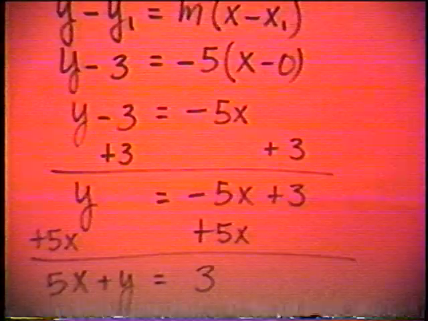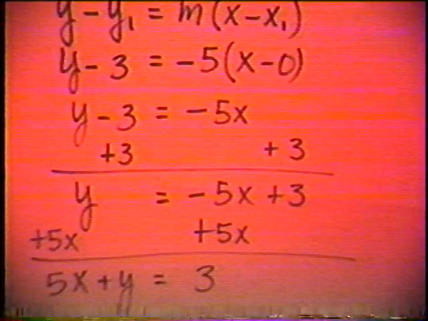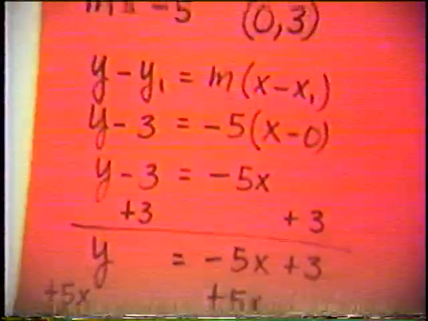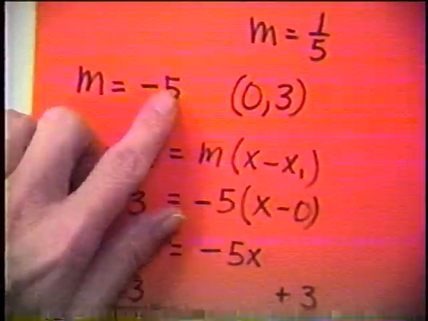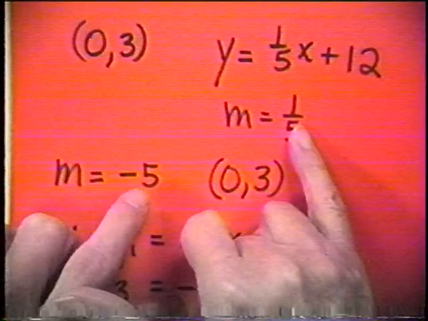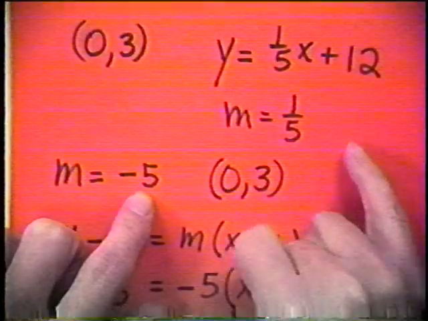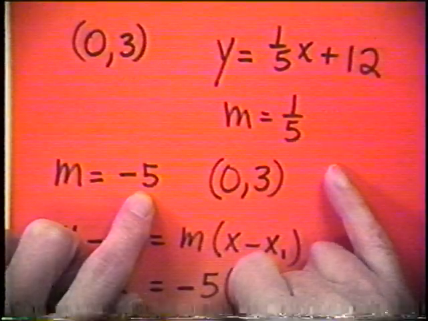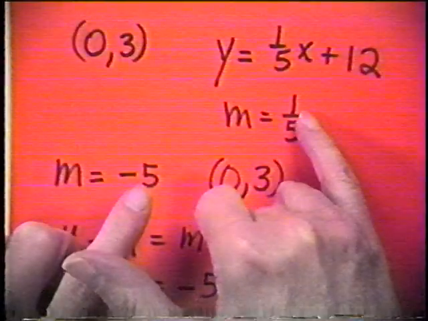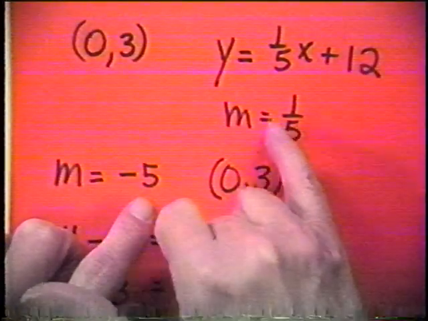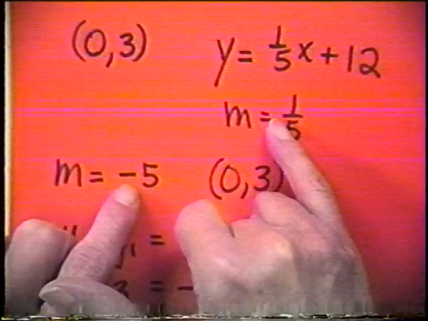Then we probably need to go on, but you're getting the idea. Remember that if we want the lines to be perpendicular, the slopes have to be negative reciprocals. The reciprocal of this would be 5 over 1, that we could write as just 5. Then negative reciprocal means that they have to have opposite signs. So if this one's positive, this one has to be negative.